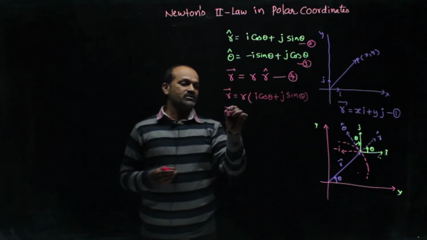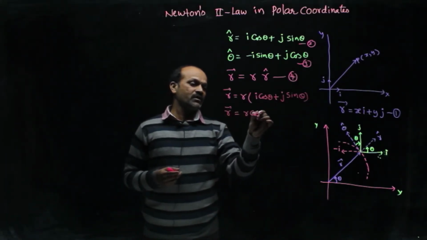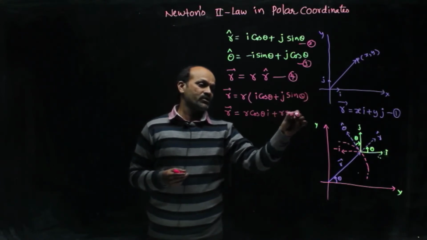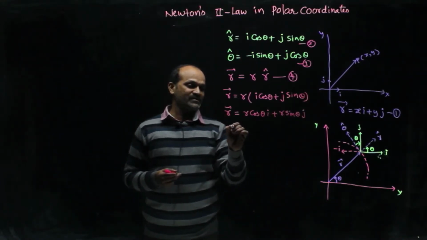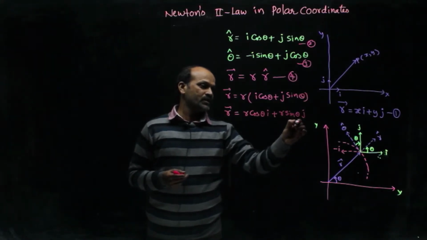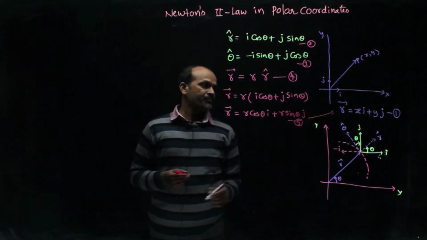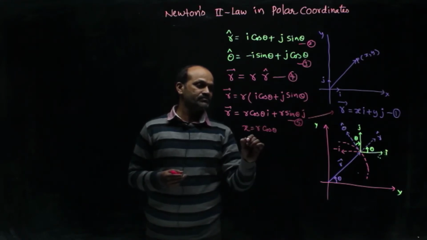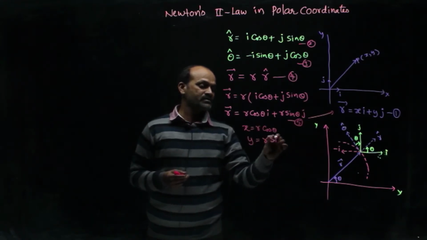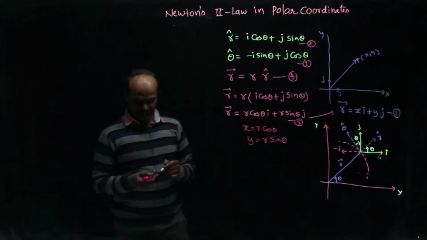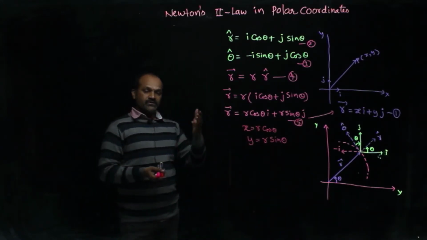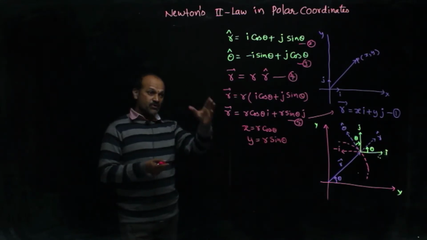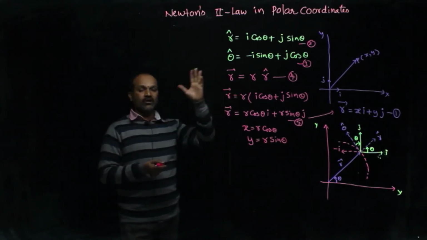So r bar is equal to r cos theta i plus r sin theta j, whatever we got in the polar coordinate system. If you compare this equation 5 with equation 1, x will be r cos theta and y will be r sin theta. This is the displacement of the particle in polar coordinates.